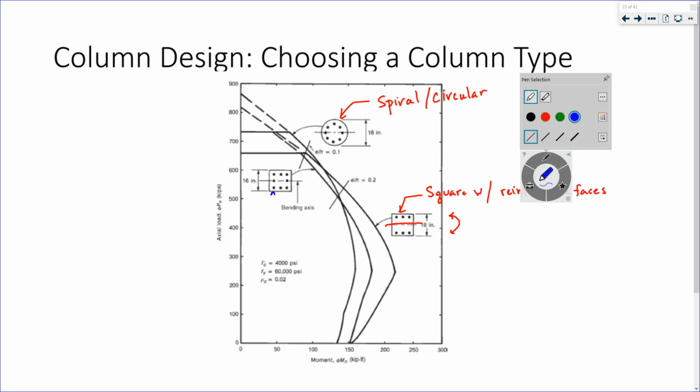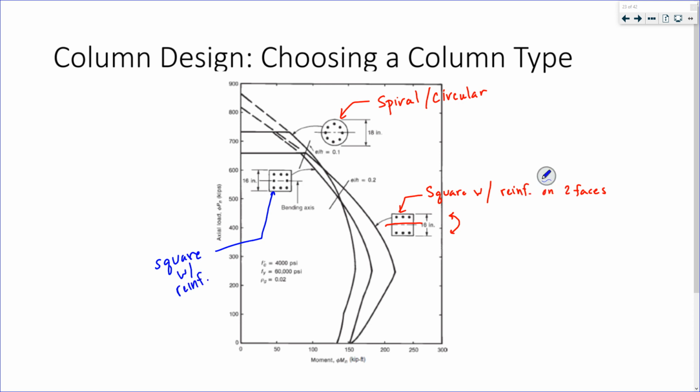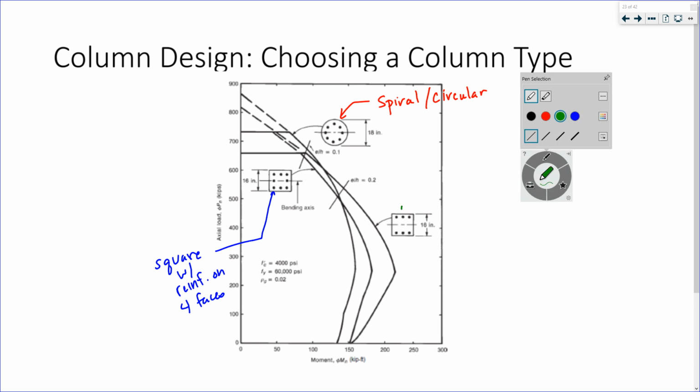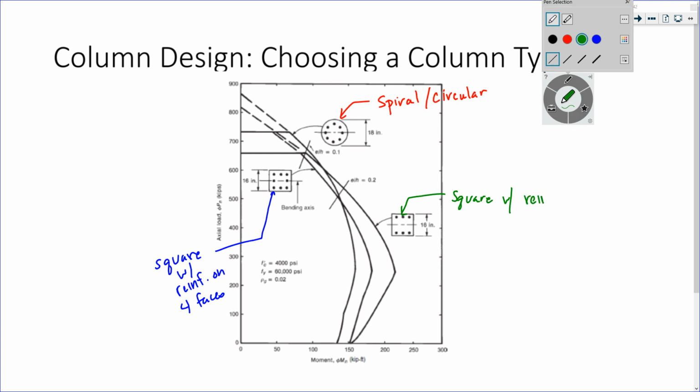All right, that's my bending axis that we have.